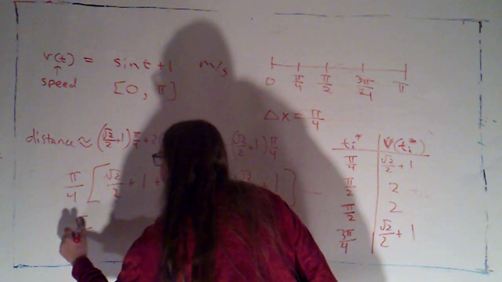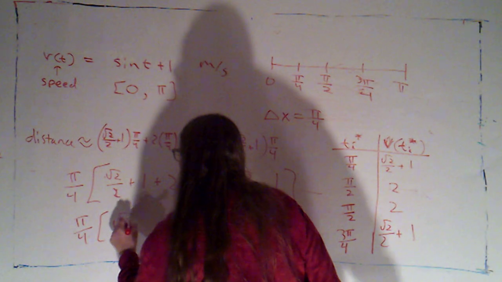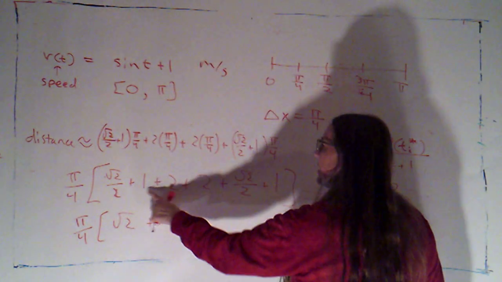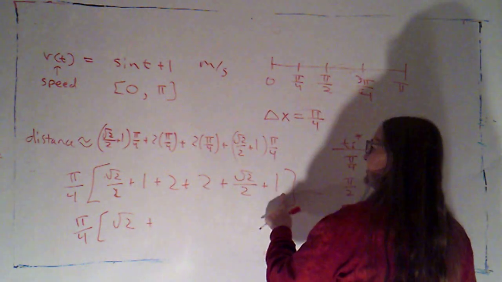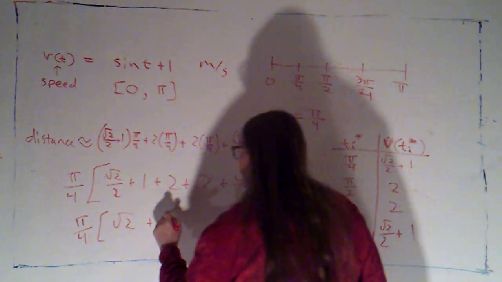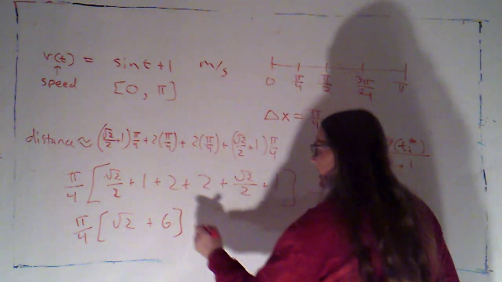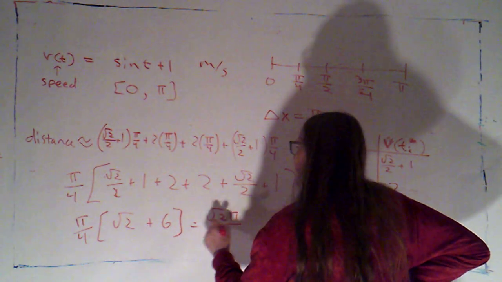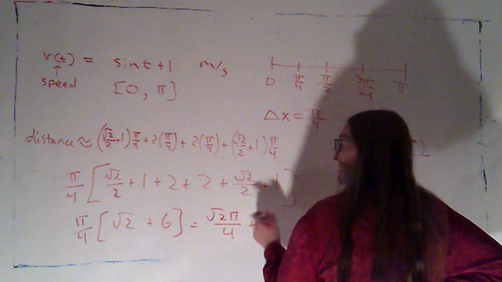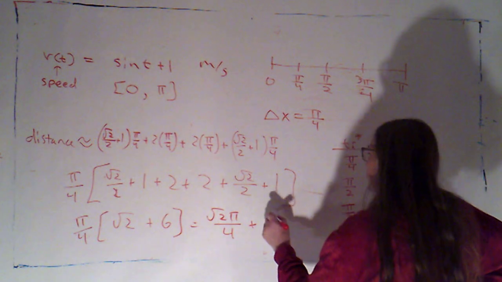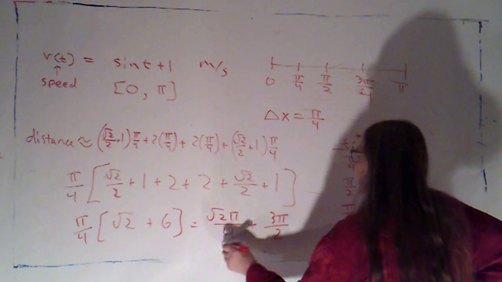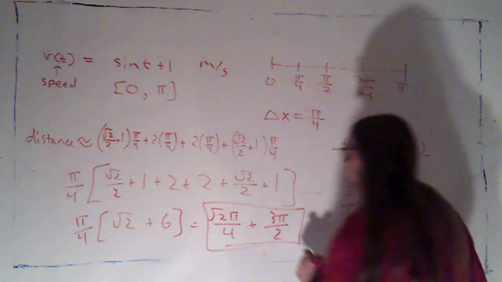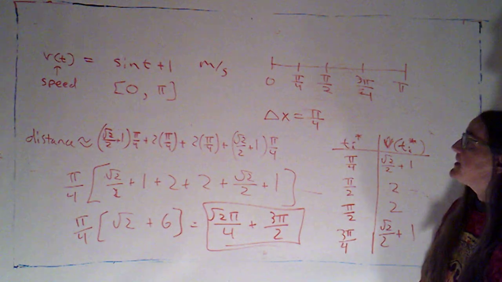So I've got pi over 4 times root 2 plus 1 plus 2 plus 2 plus 1, which is going to be 6. I'm just going to distribute that, so that's going to give me root 2 times pi over 4 plus 6 pi over 4, which would reduce to 3 pi over 2. So that would be my estimate for the distance.